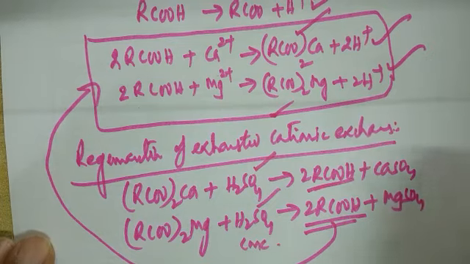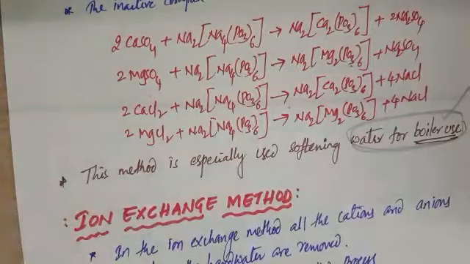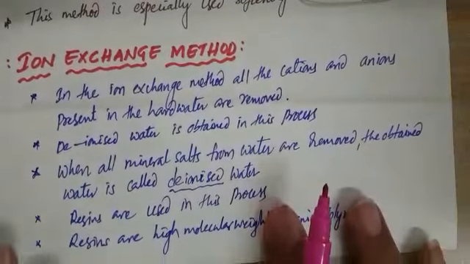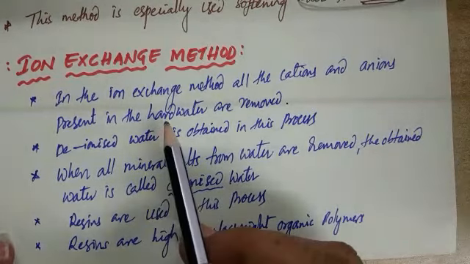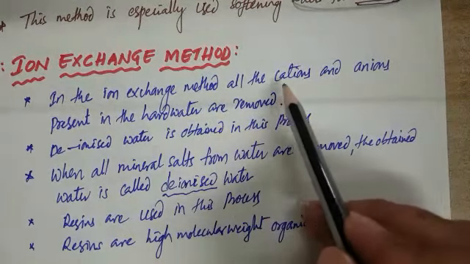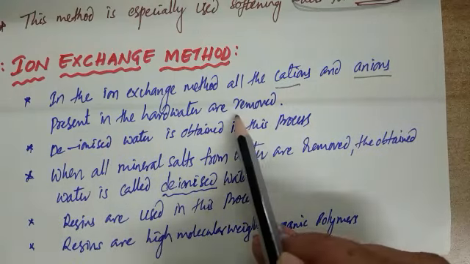Now see the matter properly; the ion exchange resin method, you can analyze point to point. In the ion exchange resin method, all the cations and anions present in the hard water are removed.